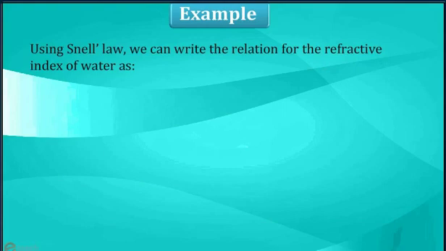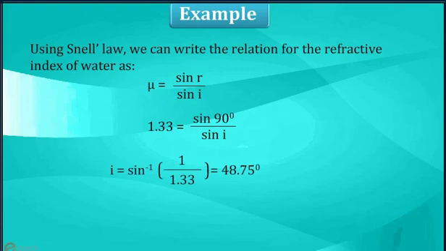Using Snell's law, we can write the relation for the refractive index of water as mu is equal to sin R by sin I. This implies 1.33 equals sin 90 degree divided by sin I. Therefore, the angle of incidence equals 48.75 degree.